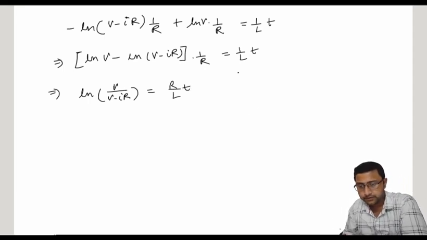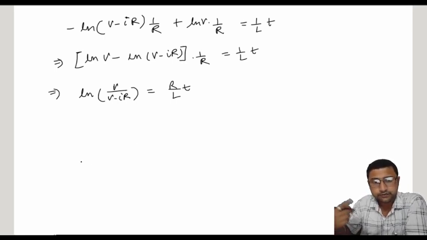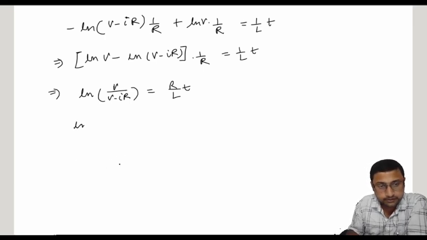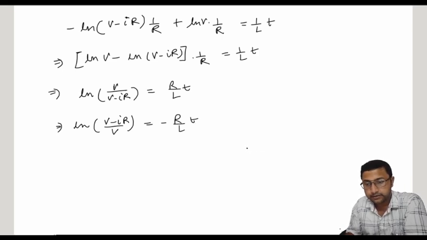Next, if we invert the equation on both sides, we can write ln (V minus iR) by V, equal to, here the minus sign comes, minus R by L into t.